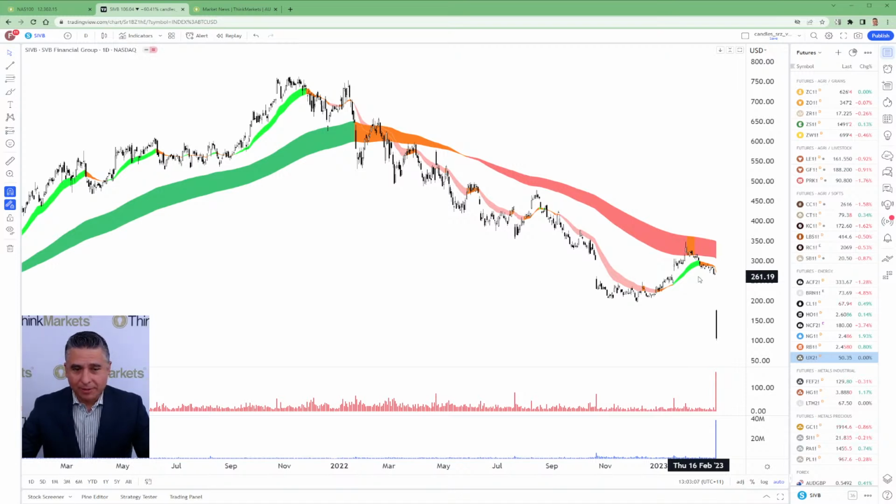The FDIC, the Federal Reserve, the SEC all came in to guarantee the depositors. So the FDIC guarantees all deposits anyway below 250,000, if I'm not mistaken, and basically they said everyone will be made whole above or below that number.